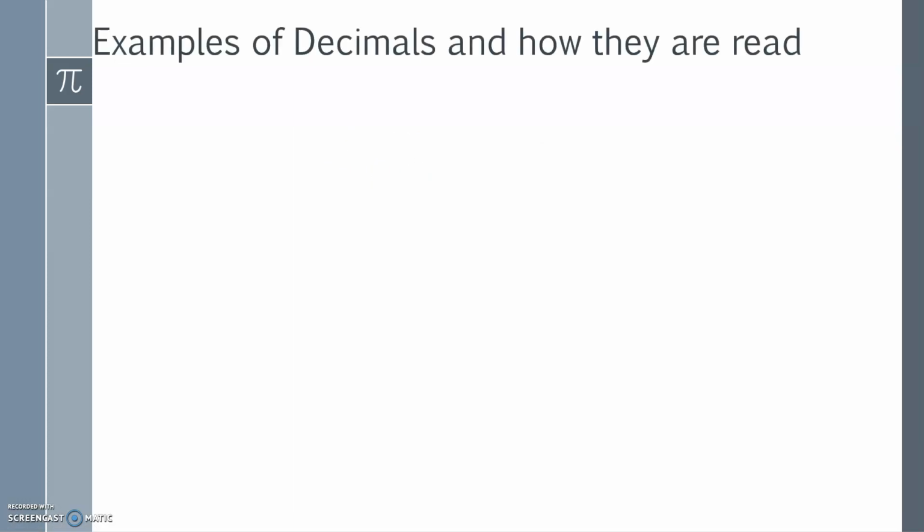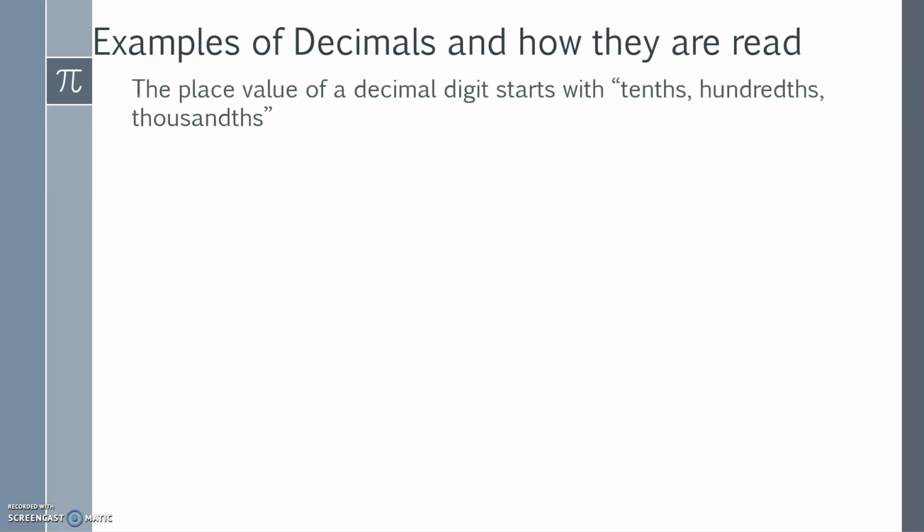Okay, next. Examples of decimals and how they are read. So the place value of a decimal digit starts with tenths, hundredths, and thousandths. So let's say, we have the digit 4 at the tenths place value.